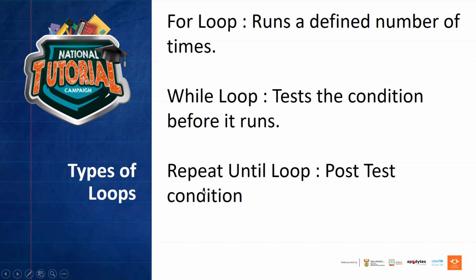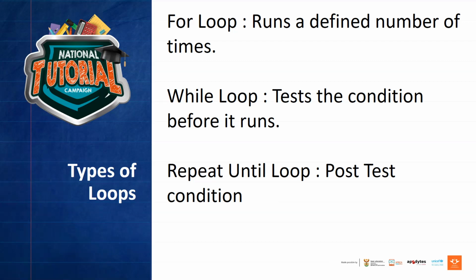The third type of loop that we're going to look at is called the repeat until loop. This one, I said here, it is a post-test. It tests the condition after it has run at least once. It will repeat what is supposed to be done and then test afterwards.